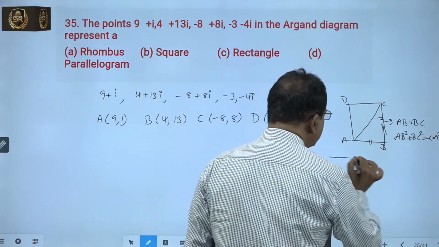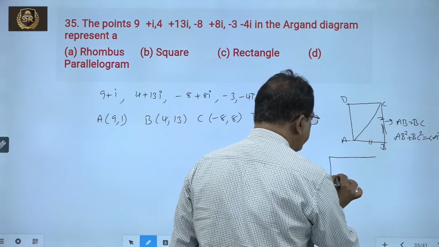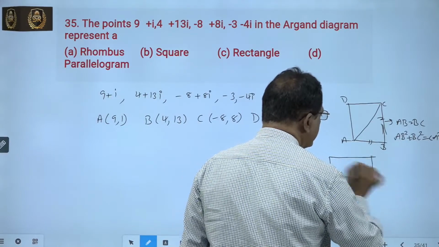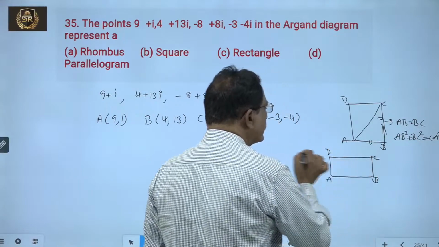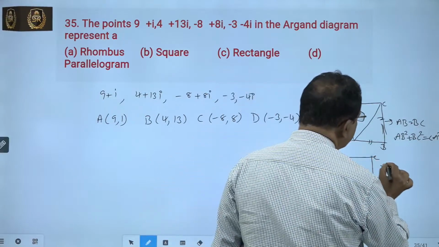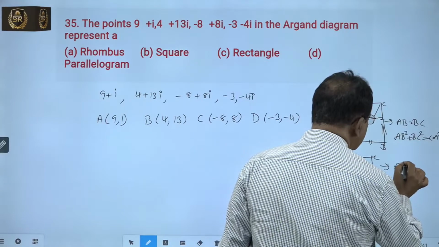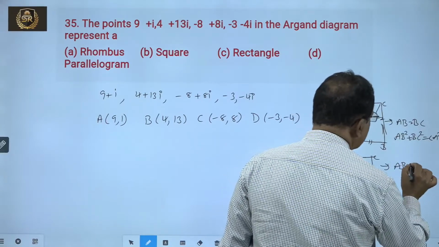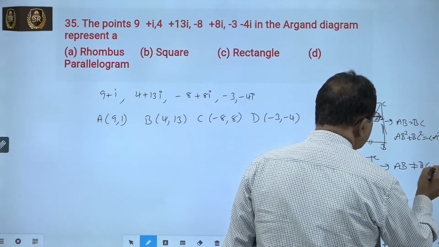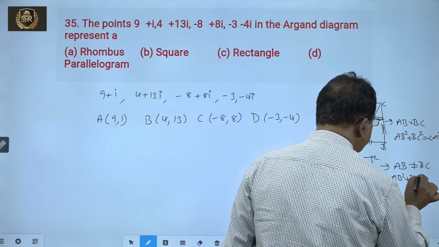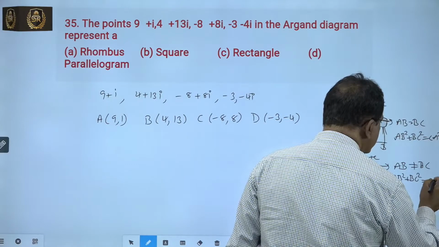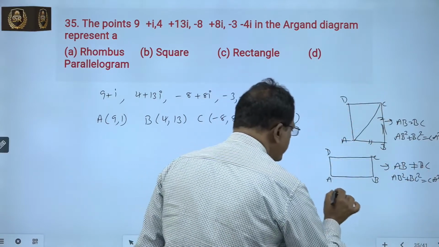If suppose ABCD is a rectangle, then in that case AB not equals BC and AB square plus BC square equals CA square, then rectangle.